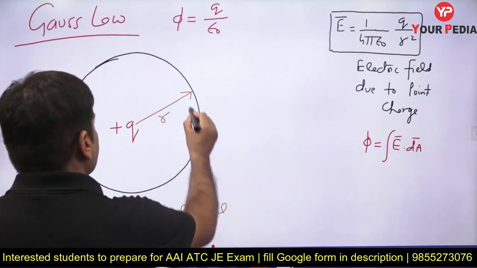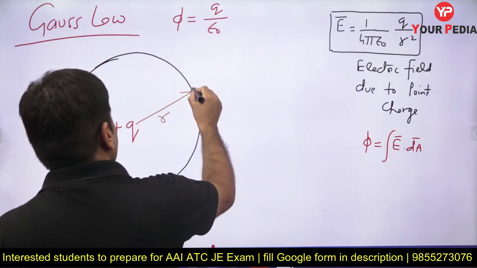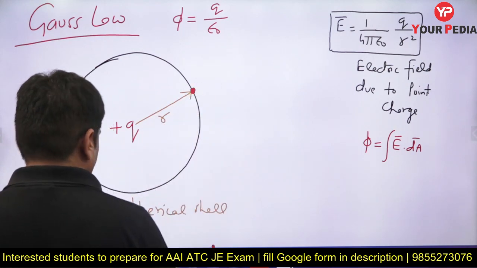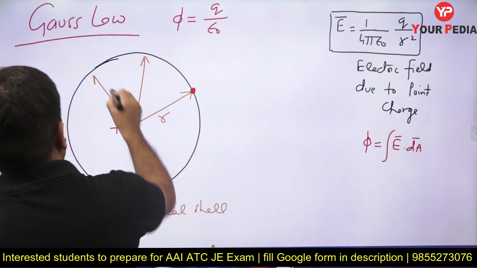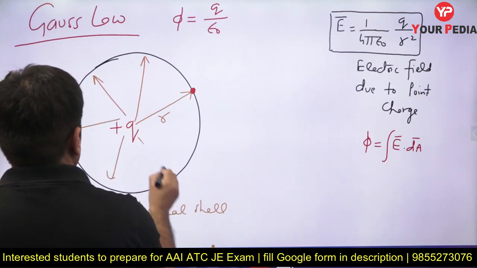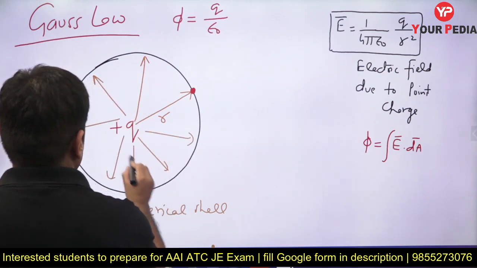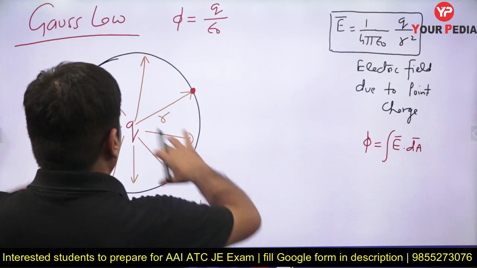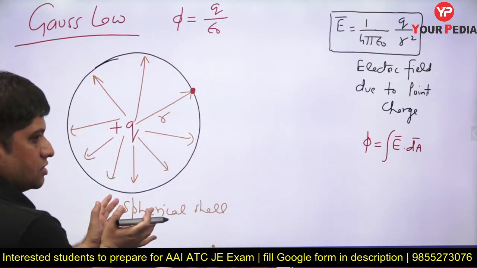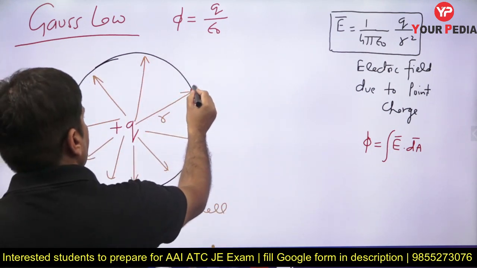Now what will be the electric field at this small elemental area? Because of the charge, there will be electric field lines everywhere, like this. Now if I want to calculate the electric flux, let's take an elemental area dA.